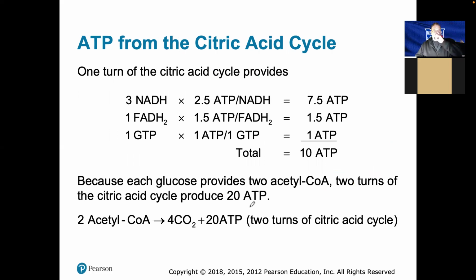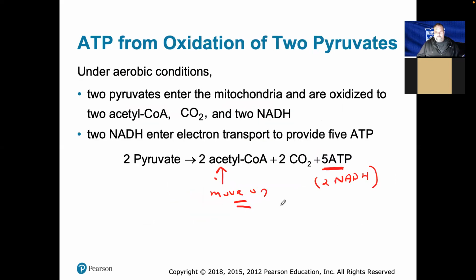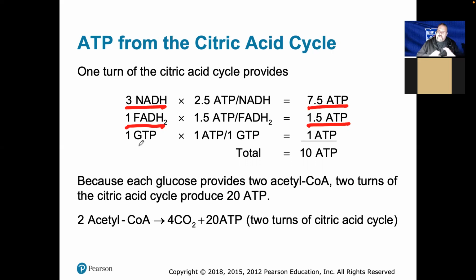One turn of the citric acid cycle provides 3 NADH, which provides a total of 7.5 ATP, and one molecule of FADH2, which provides 1.5 ATP, because as we saw earlier, one molecule of FADH2 undergoes oxidation to produce 1.5 ATP. And finally, I mentioned the GTP earlier. The GTP is a source of energy as well.